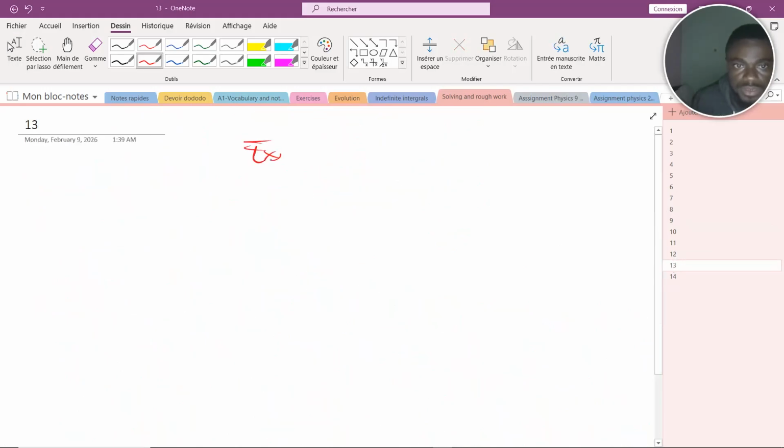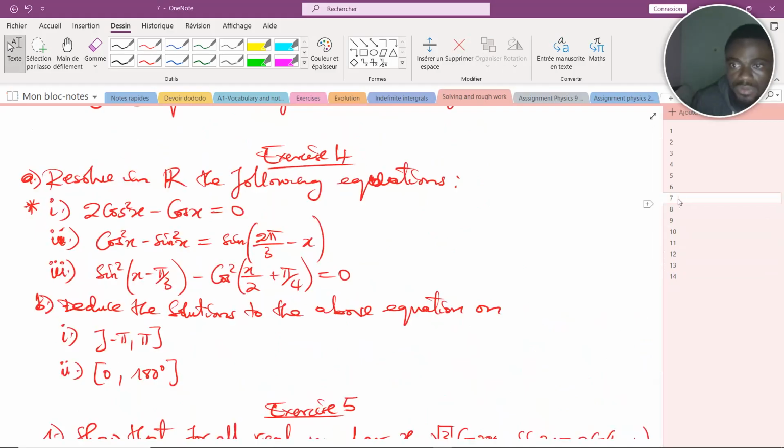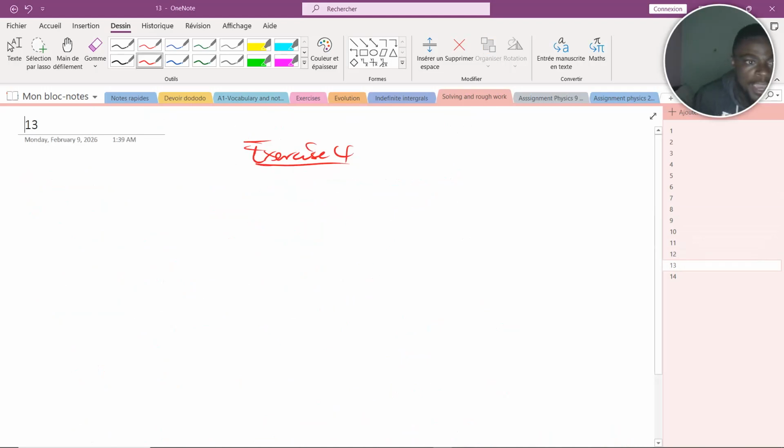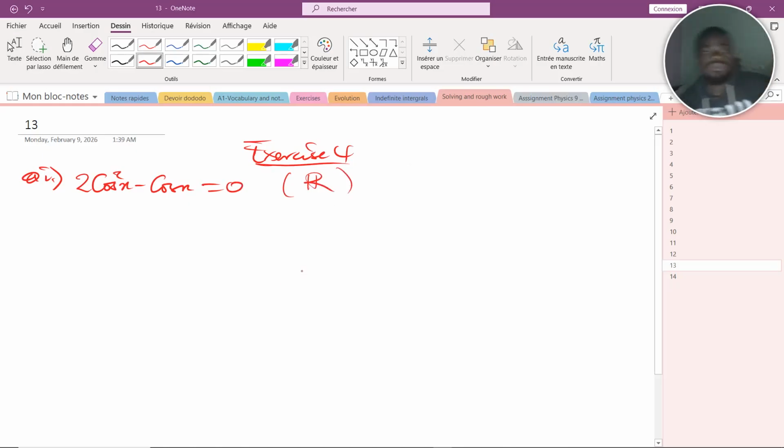Exercise 4 A sub 1, 2 cos square x minus cos x equals to 0. Our aim is to solve it on what? On R. That's the question that was asked to us. So we have to find what? The general solution. Is that okay?